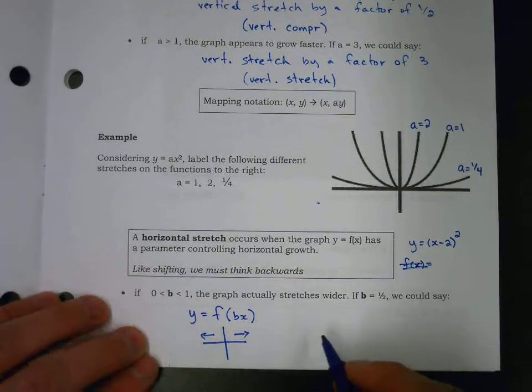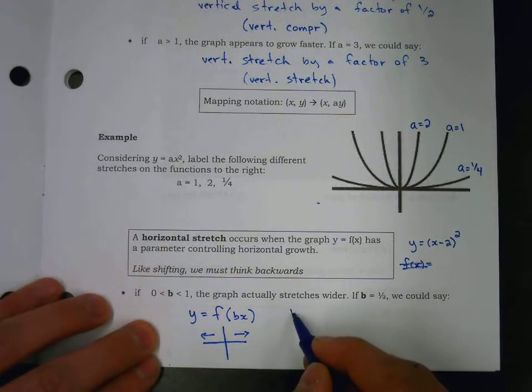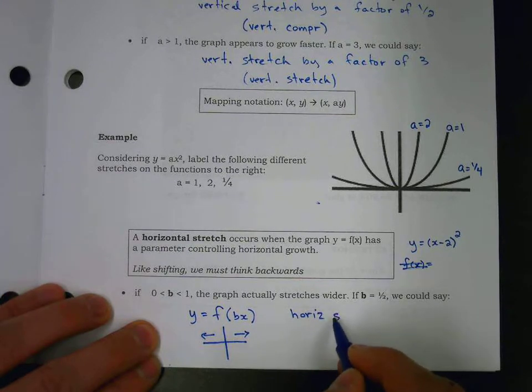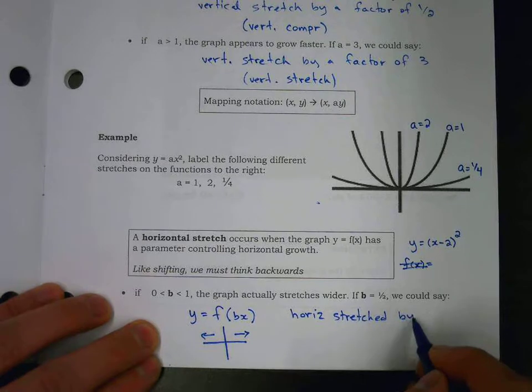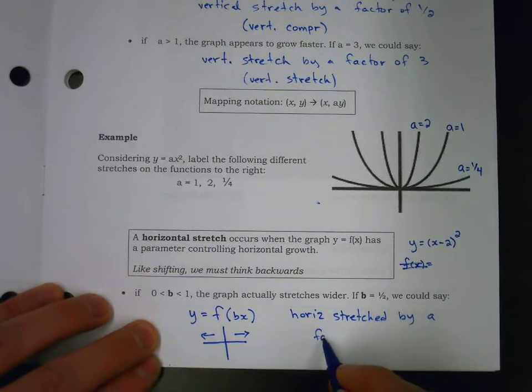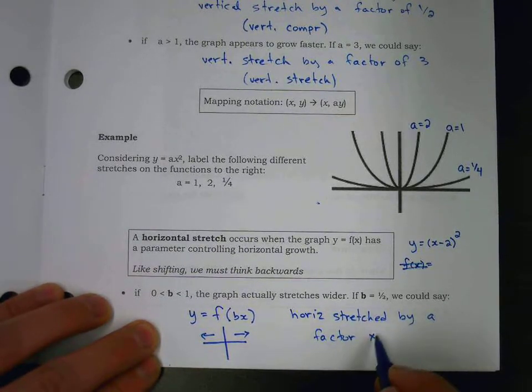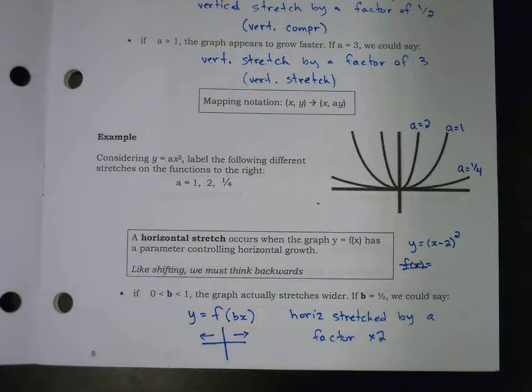So a b value of 1/2 would appear as a horizontal stretch by a factor of 2.